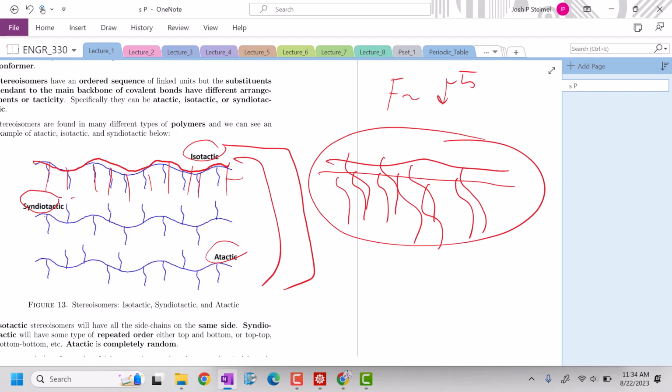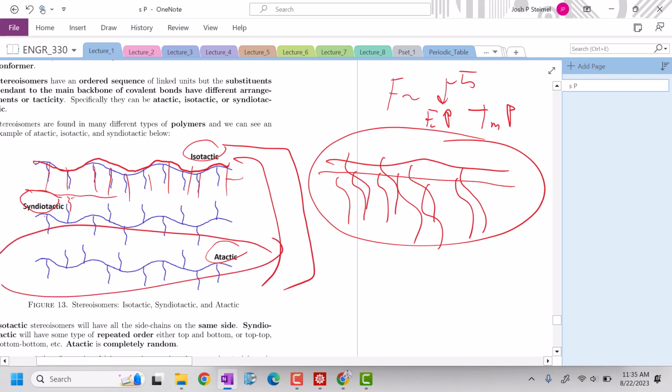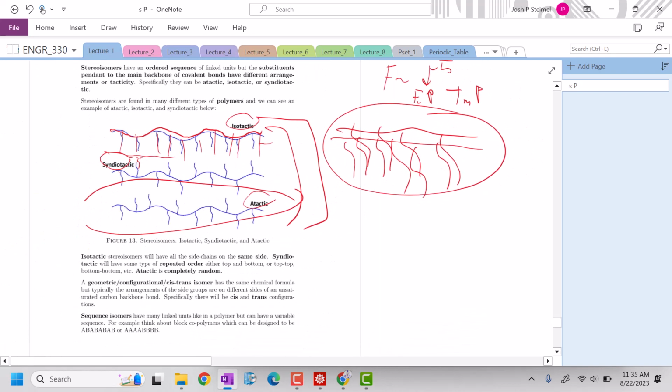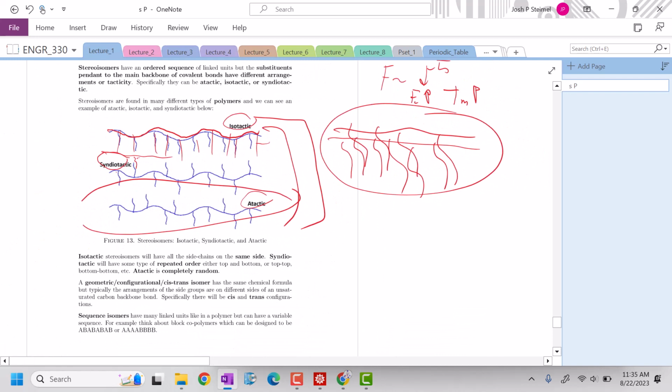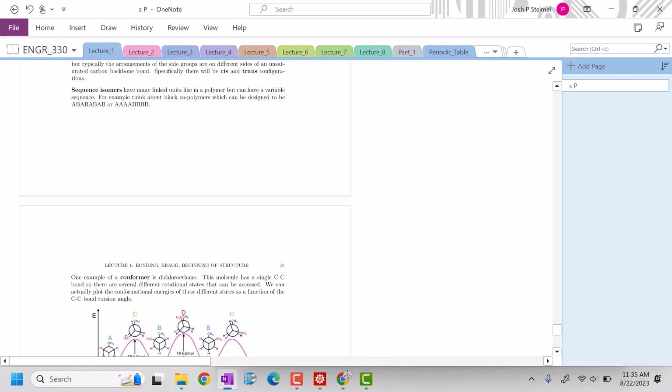If I have an isotactic polymer where I can push those close together because nothing is pushing them apart, your melting temperature is going to increase, and your Young's modulus is going to increase significantly compared to syndiotactic, because there I can't stack as well, and it's even worse for atactic. So we really want to be aware of how these isomeric forms can impact properties.